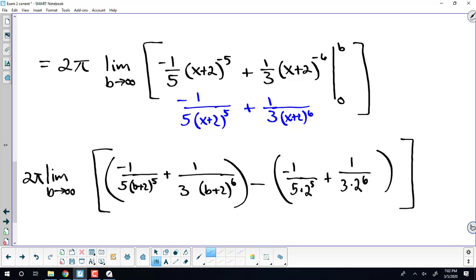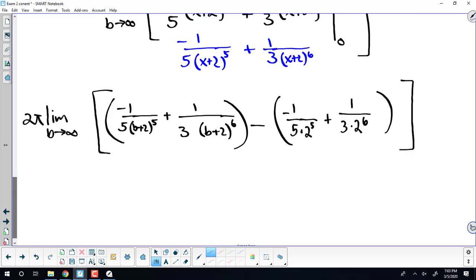Okay, so 2 pi times the limit as b approaches infinity. Is everybody alright with that? With where we're at? Any questions? Okay, first pair, as b goes to infinity, what happens to those? They both approach 0. Something over, negative 1 over a very large number, 1 over a very large number.